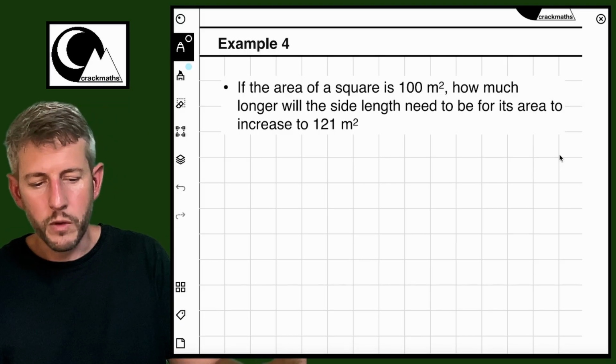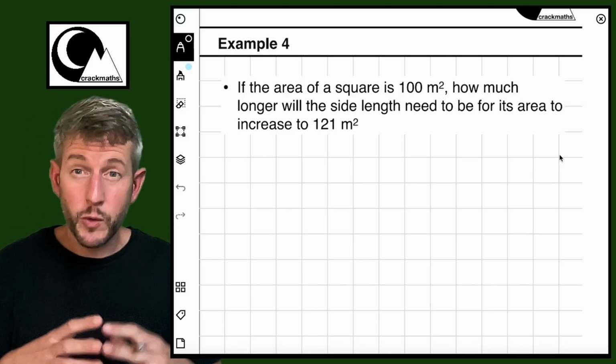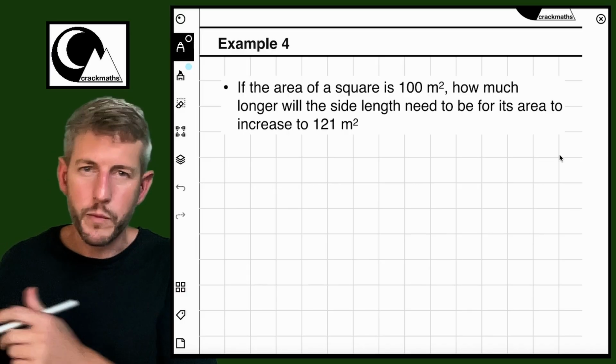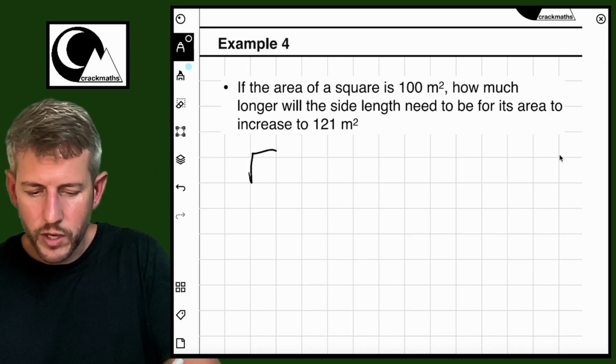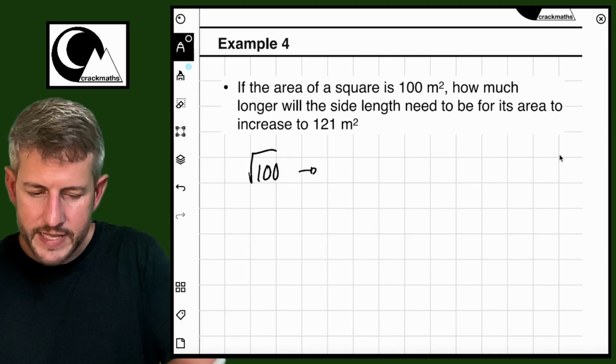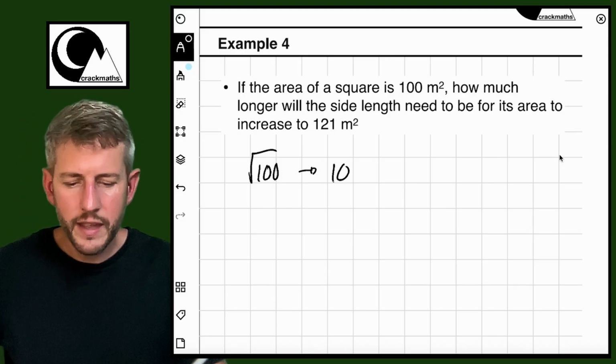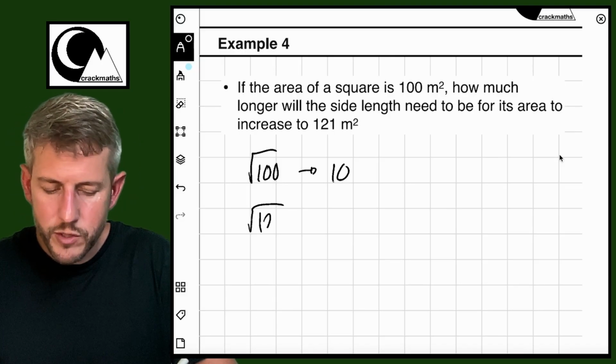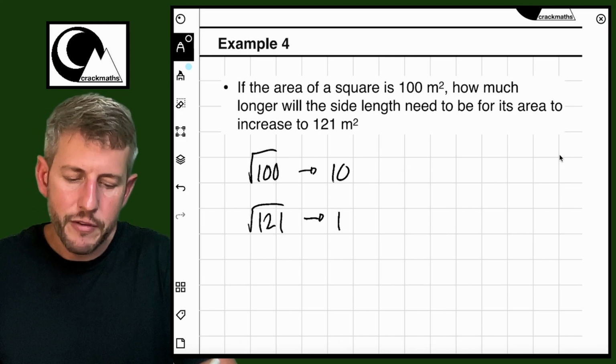Okay, so we've got the area of the square, so we've got the square number, we need to know the root. The square root of 100 is 10, and the square root of 121 is 11.